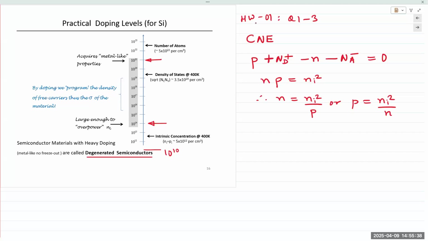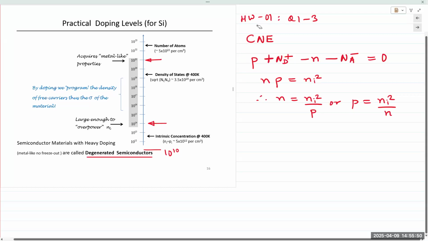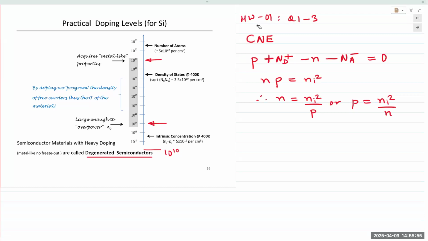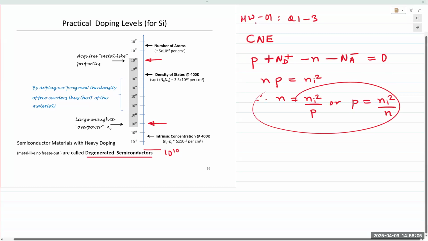So if you're solving for an N-type material, then we want the number of electrons, so we want to get rid of the number of holes, which is this quantity. And if it's a P-type material, then we want to solve for the number of holes. We want to get rid of N. So all we do is take these and substitute them into this equation. That's all we do.